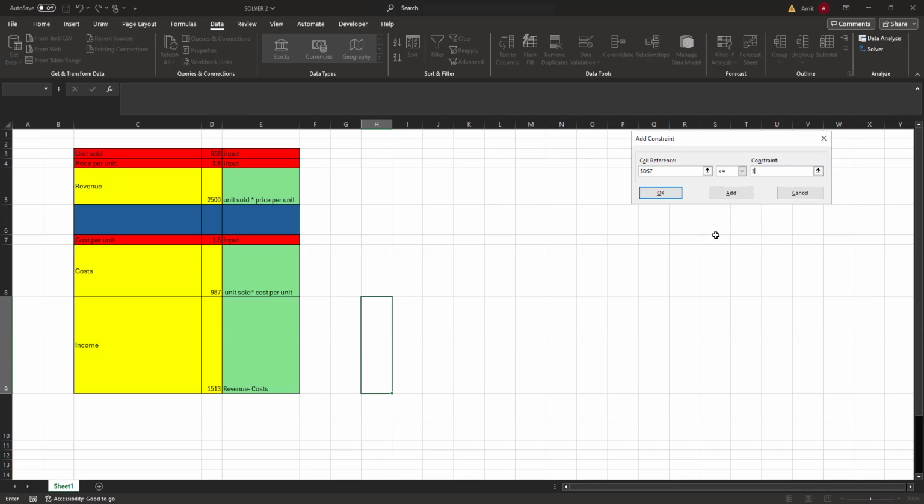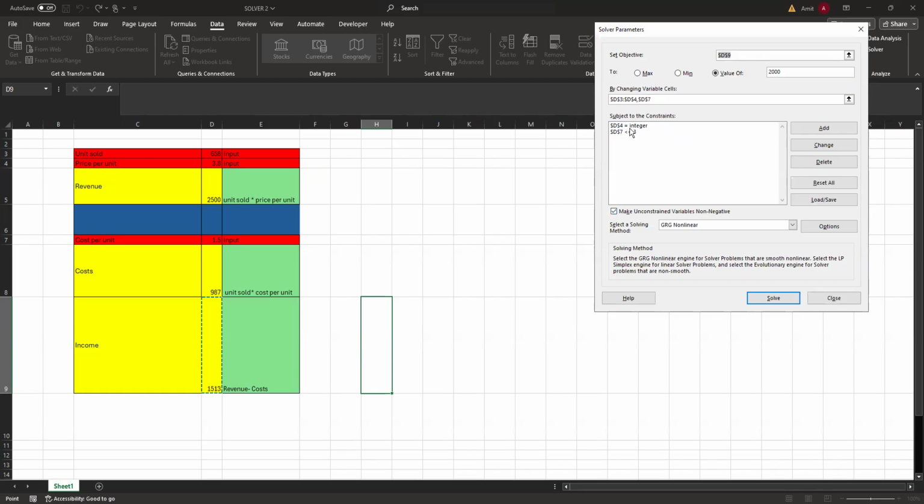I cannot increase it more than 3. This is the second constraint. It's not whatever the computer says I have to change, but a constraint I have. So two constraints added, press OK. These constraints will be given in the question, so you have to add them here.